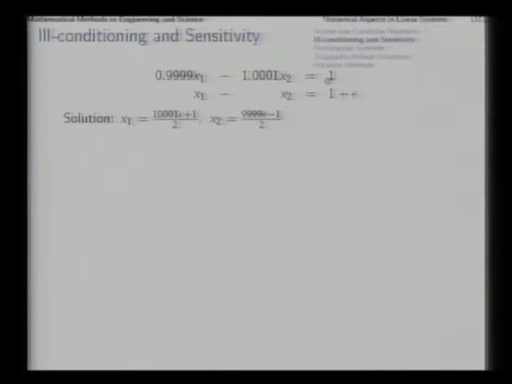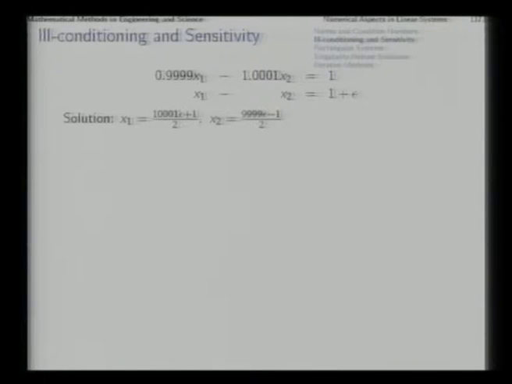You can see that for epsilon equal to 0, the solution will be half, minus half, because here you will have 1, and for epsilon equal to 0, half and minus half will satisfy this equation exactly. In terms of epsilon, you can say that the solution is this. Now note that with epsilon equal to 0, you have the solution as x1 equal to half, x2 equal to minus half.